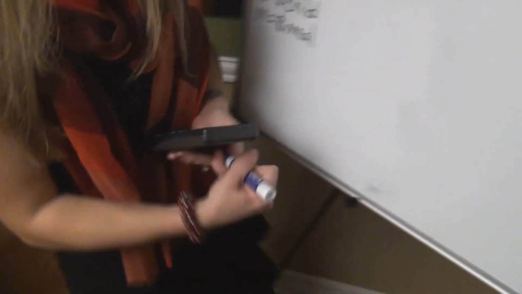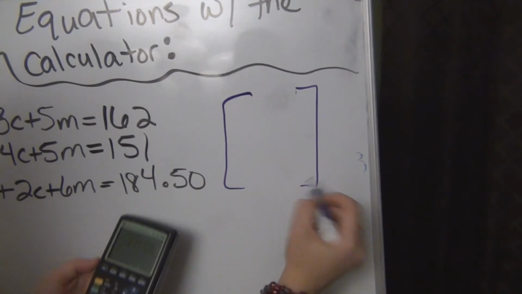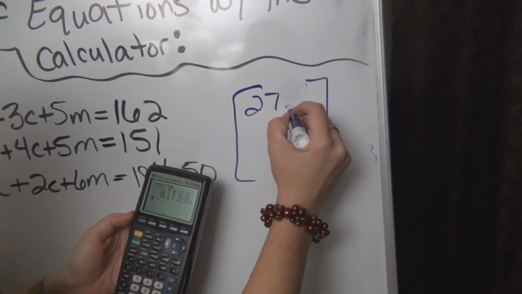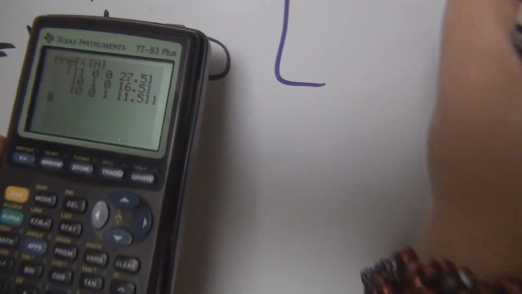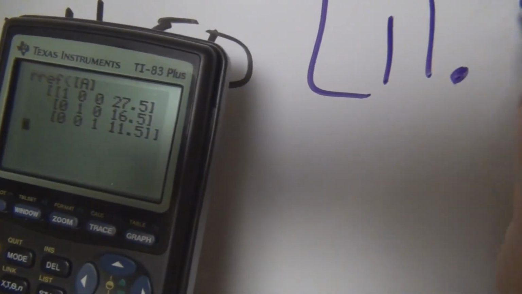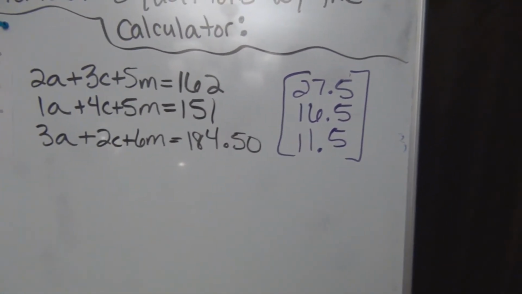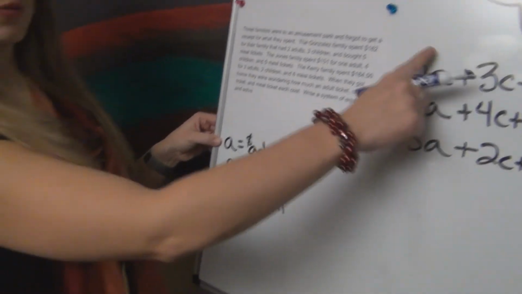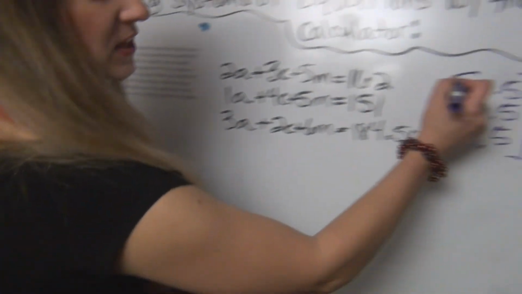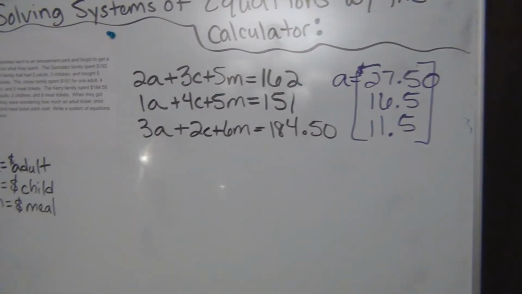So my solutions out to the side say 27.5, 16.5, and 11.5. So let's see what that means as far as our scenario here. Since my first variable was A, that tells me that an adult ticket is $27.50.